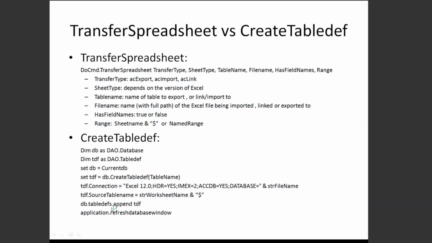In my code example here at the bottom of the screen, you'll see that I used Excel 12. That's because the machine I develop on right now is mostly Access 2007, because I still have clients that are using various versions of 7, 10, and 13. So the easiest one to work on and the most reliable to move forward is 7. So that's what I work in most of the time.